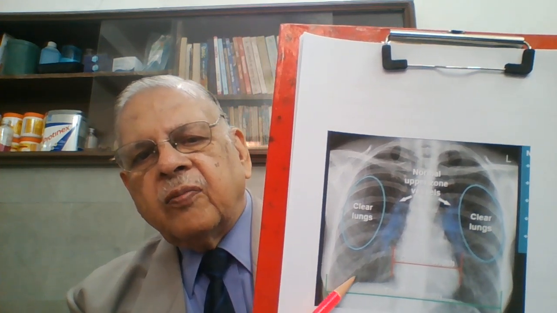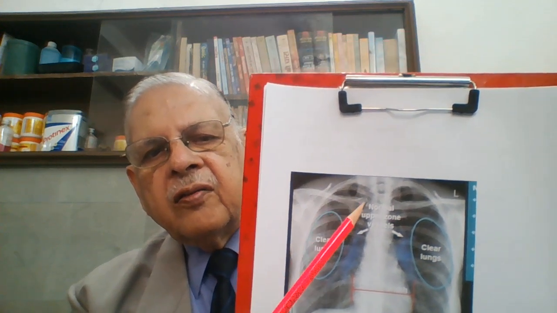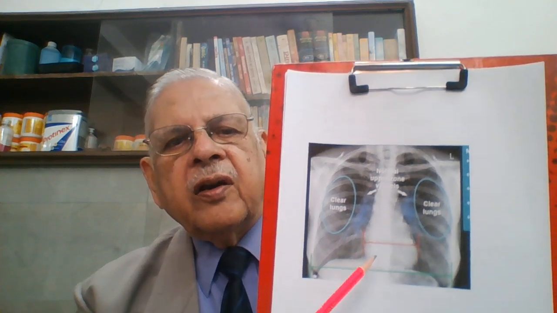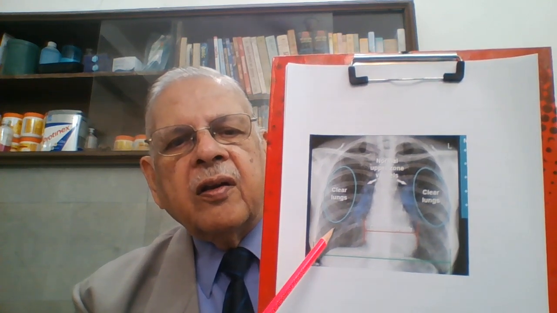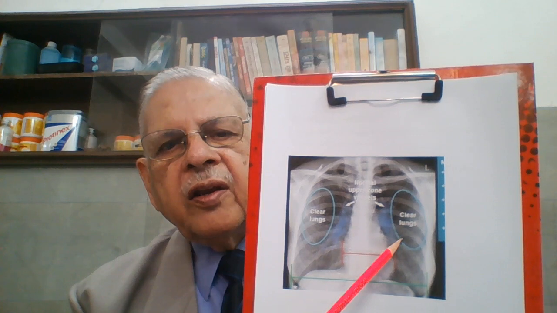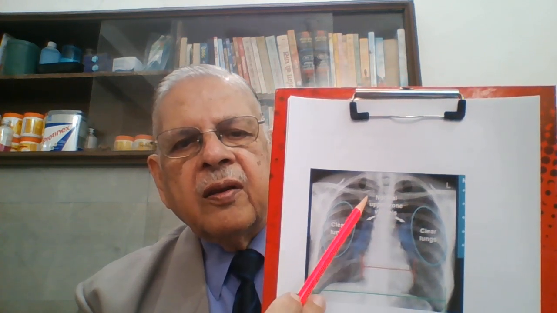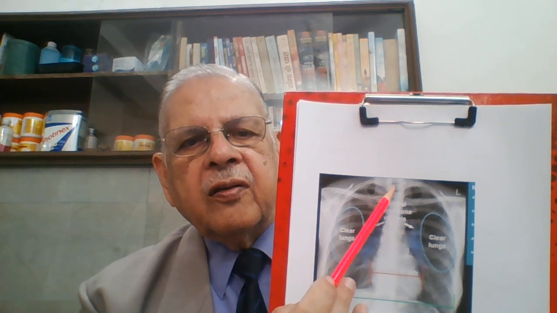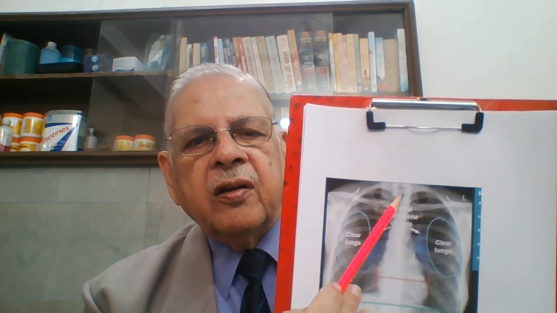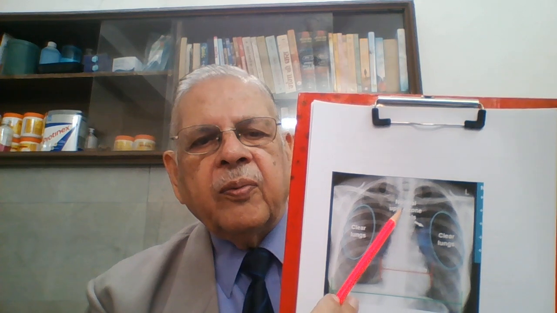And what you see, this blackish area, these are the two lungs, one on the right side and the other on the left side. These are the collarbones, and this blackish area is showing air in the windpipe.